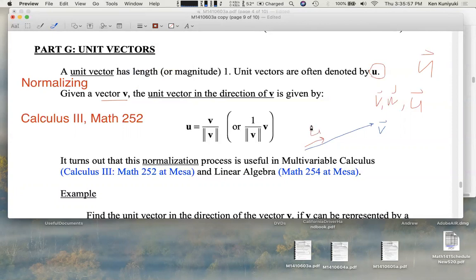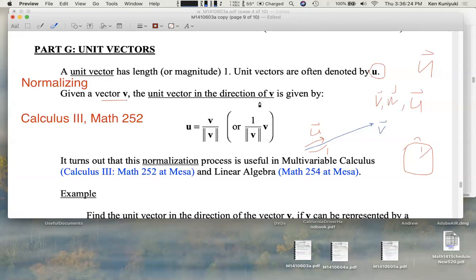This is the vector U, and it has length 1 unit. You can imagine a compass where the radius is 1. You see these unit vectors all the time in formulas, proofs, and derivations with vectors in Calculus 3.